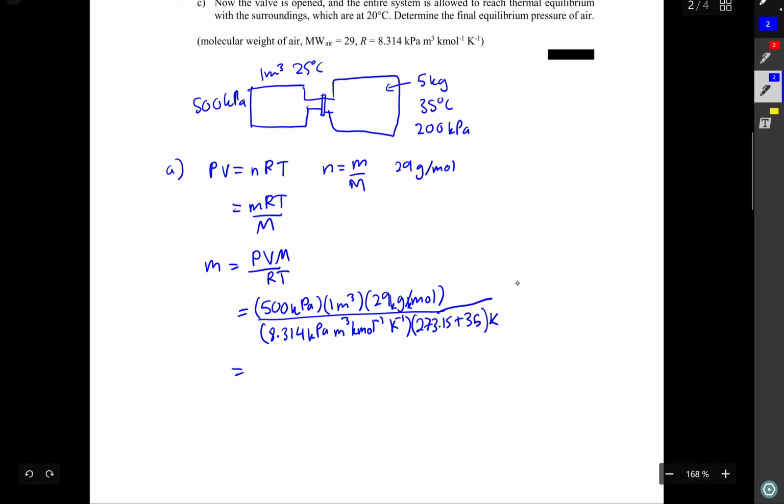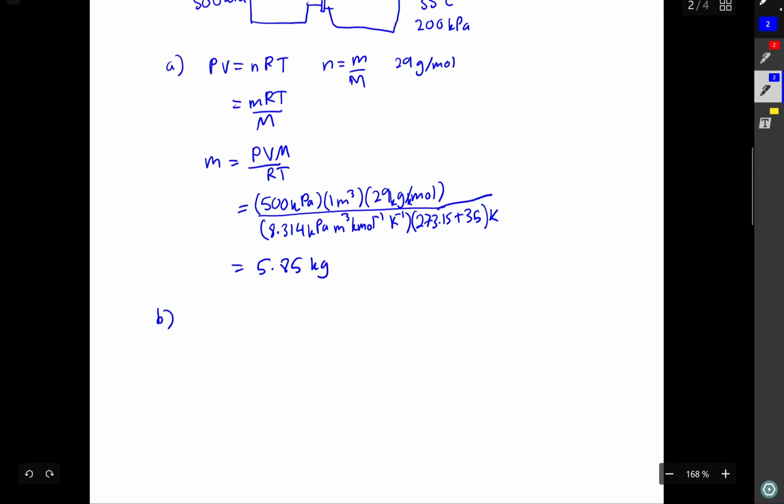Then what remains is your value in kilogram. If you remove all the prefixes, this one will be just gram per mole, and your answer will be in grams. That is how you check what unit your answer is in. So in this case the answer for the first question is 5.85 kilogram.